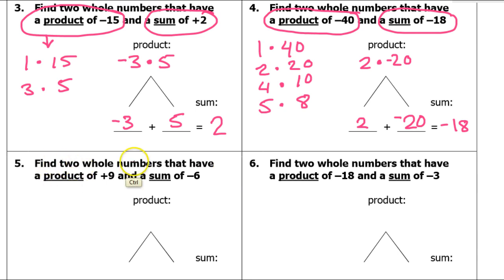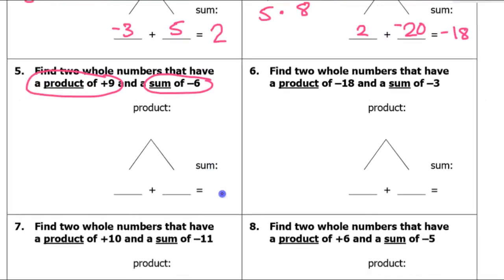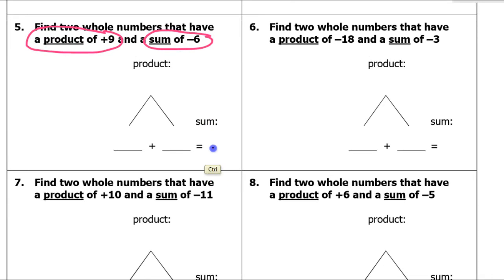So let's see, find two whole numbers that have a product of 9 and a sum of negative 6. Okay, so we want the sum to be negative 6. So product of 9, that's either going to be 1 times 9 or 3 times 3.